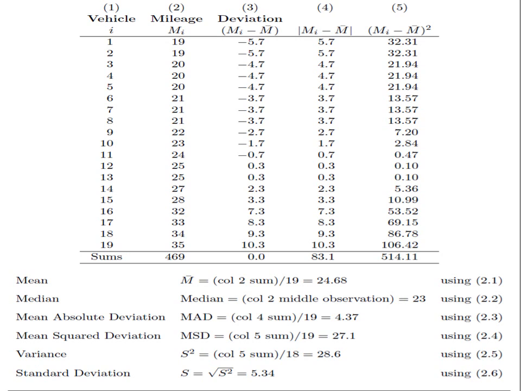Secondly, we take the absolute value of the deviation, and finally we obtain the mean absolute deviation, which is equal to the sum of column 4 over n, and n, we said it before, is 19 cars, or the total number of observations, which is 19.